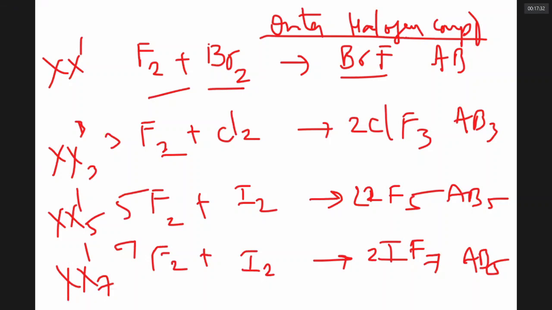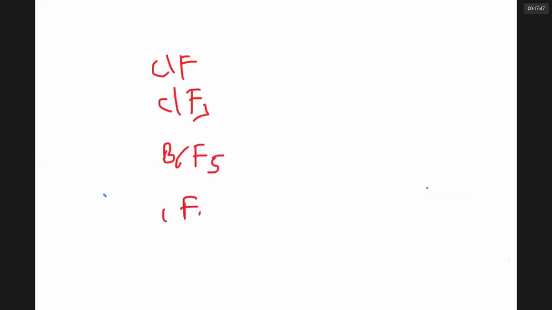The interhalogen compounds created a lot of interest in the scientific community about their structure. Suppose you have ClF, ClF3, BrF5, IF7, what are their shapes? What is the hybridization of the central atom? It is an interesting question.